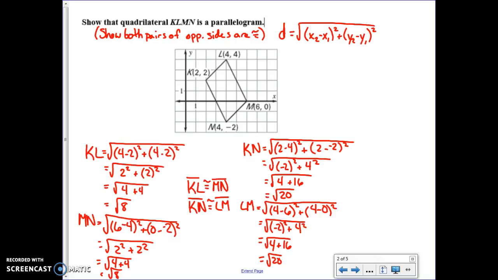So the first thing we wrote was show both pairs of opposite sides are congruent. That was the method we used. We now need to write a conclusion. Since both pairs of opposite sides are congruent, KLMN is a parallelogram.